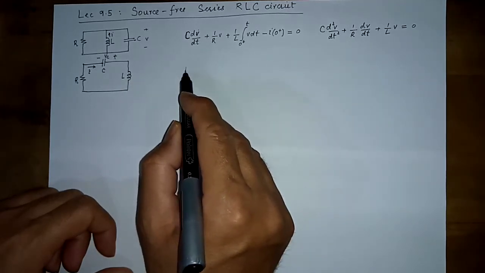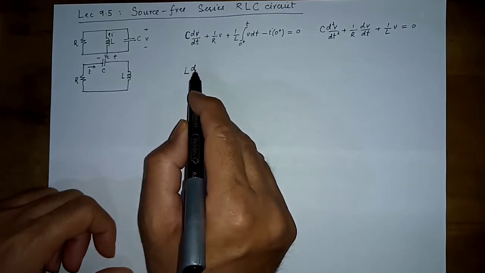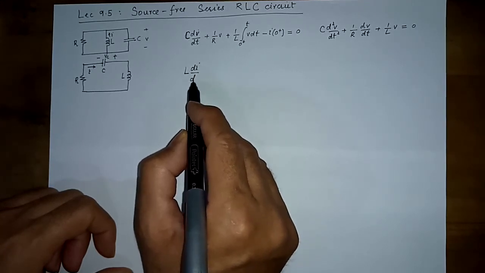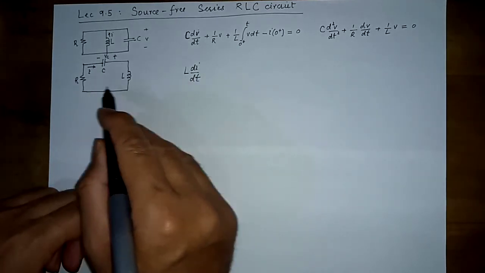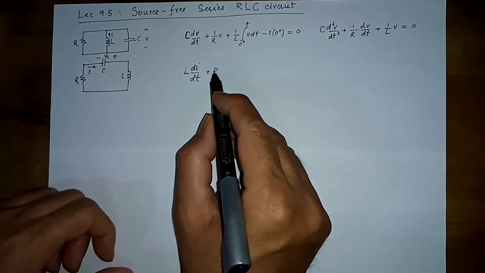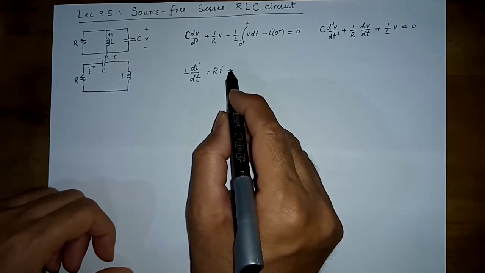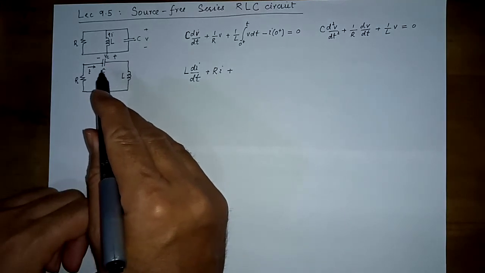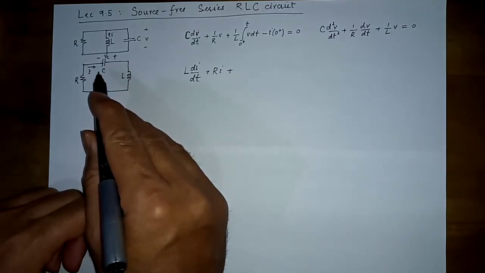So what do we get? L di by dt. Then we go to R. What do we get here? Is equal to R I plus now C. So what do we get here?